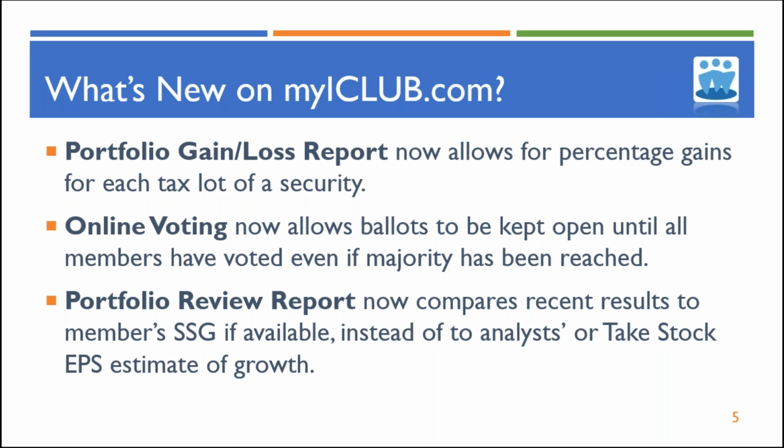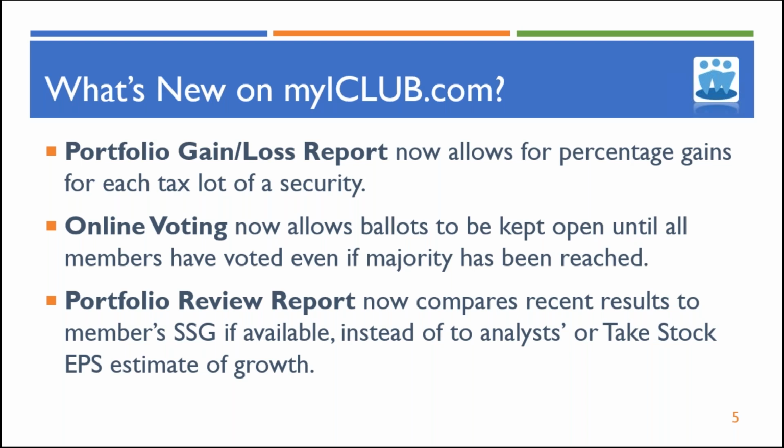The intention of that was for taking care of quick matters that required action in between meetings, where you might not want to wait for every single member to vote, but you really wanted to know once you had a majority so that you could go ahead and take action.